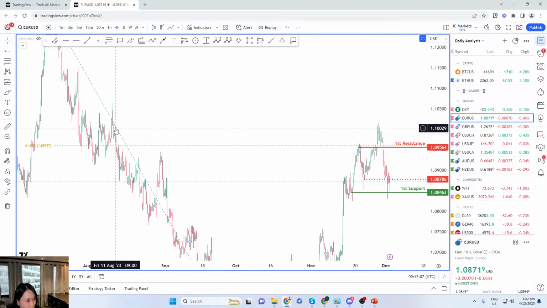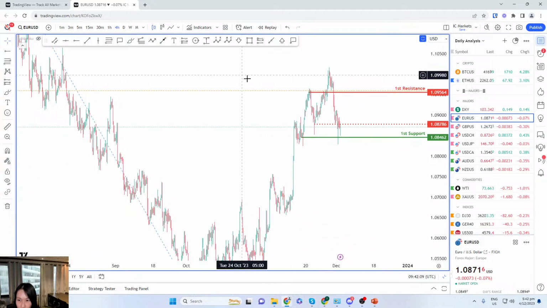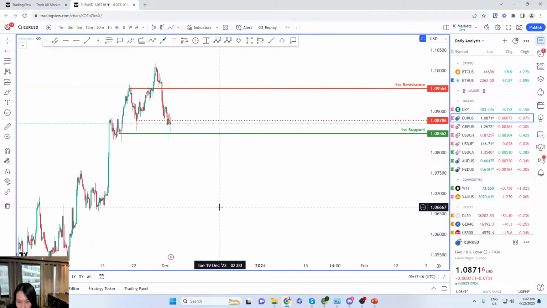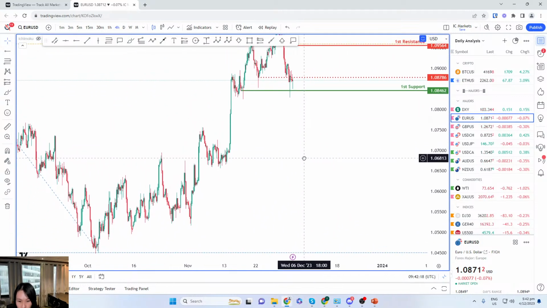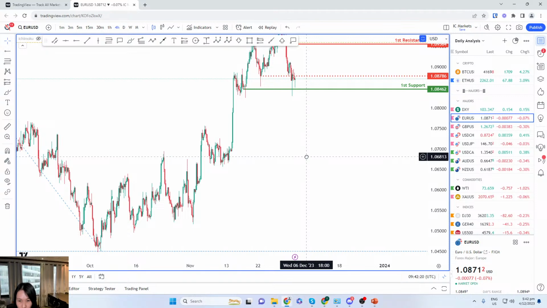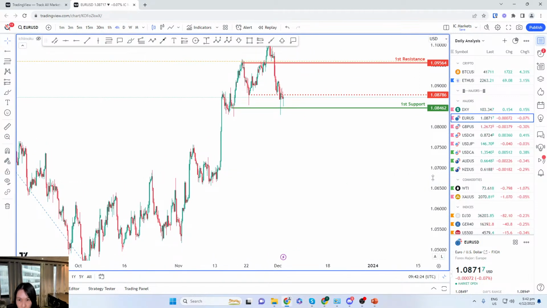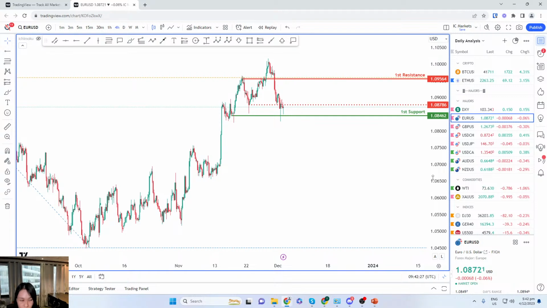Let's make the chart smaller. I'm trying to find the second support level here because the current price is very close to the first support line.